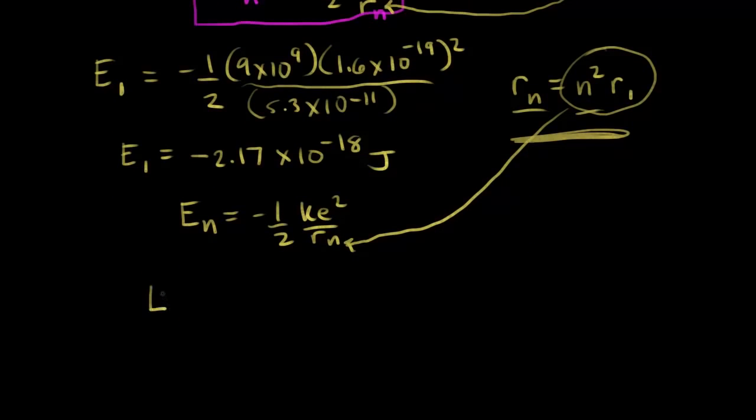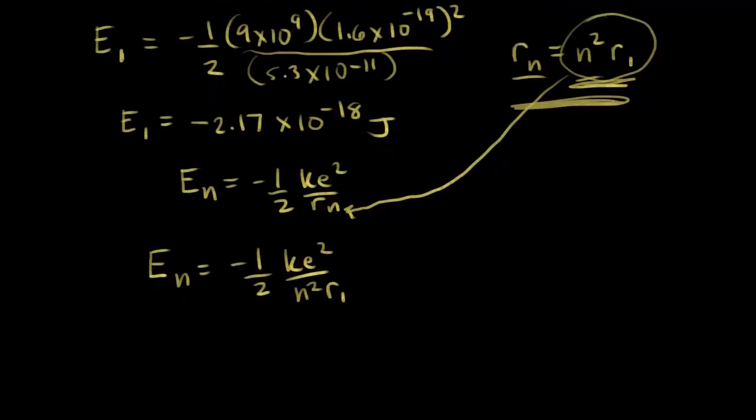So the energy at an energy level n is equal to negative 1/2 Ke squared over, and we're going to plug in n squared r1 here. So this would be n squared r1. We can rewrite that.